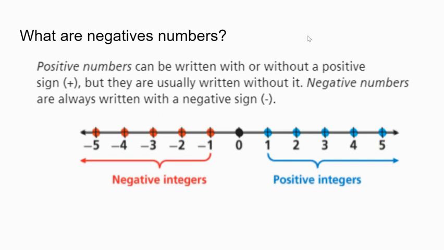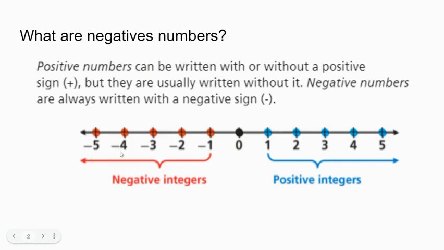What are negative numbers? Positive numbers can be written with or without a positive sign, but they are usually written without it. Negative numbers are always written with a negative sign. So from 0, we have positive integers written in the blue and negative integers written in the red.